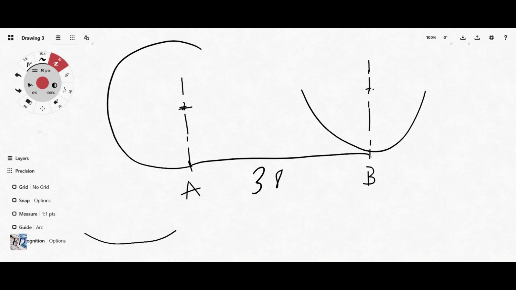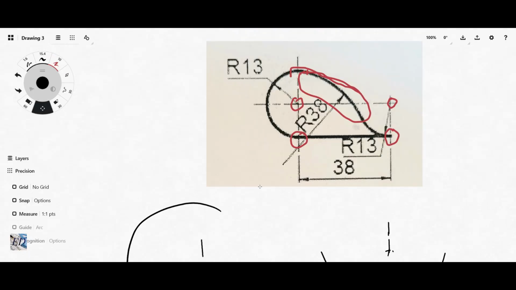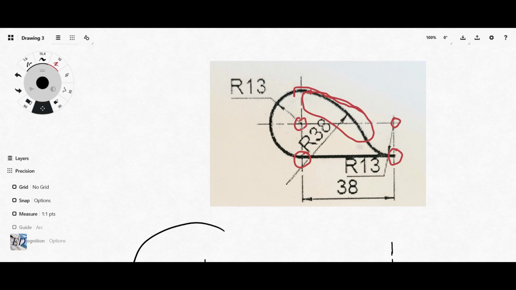So we go on to the next thing, and that will be finding the distance between this center and this particular one, and that one too.